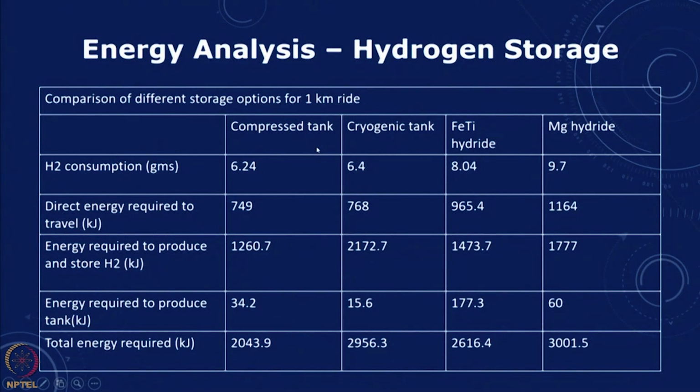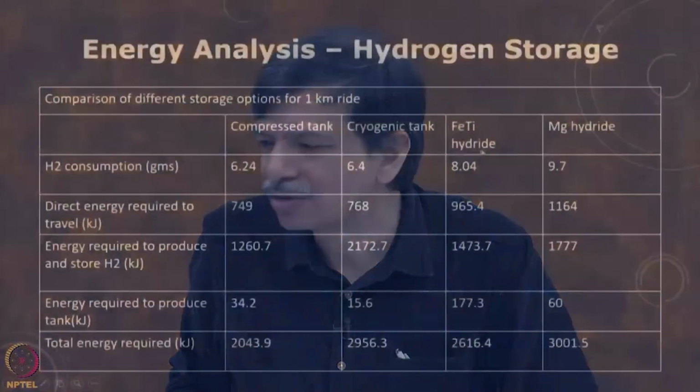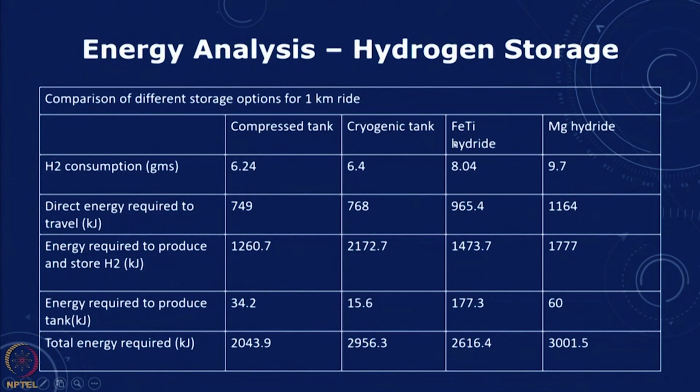Like you have the CNG, compressed natural gas, we can also have compressed hydrogen storage at high pressures, and then we can also look at liquefying the hydrogen so that the volume gets reduced, and then you have a cryogenic tank. And we could also have solid state storage, metal hydride, and there are a number of people who are working on different kinds of metal hydride.